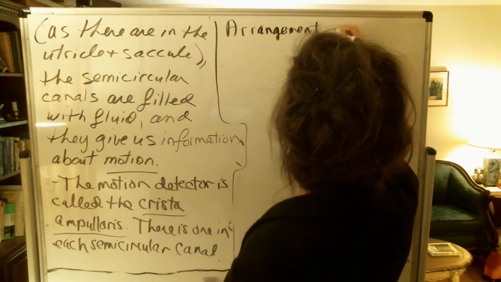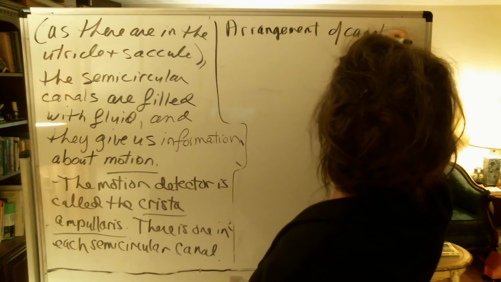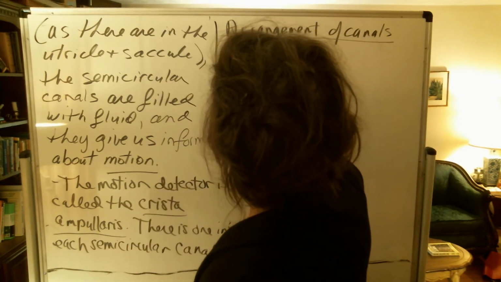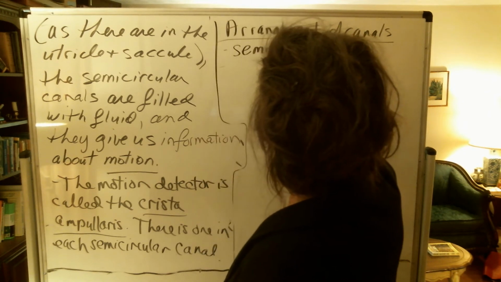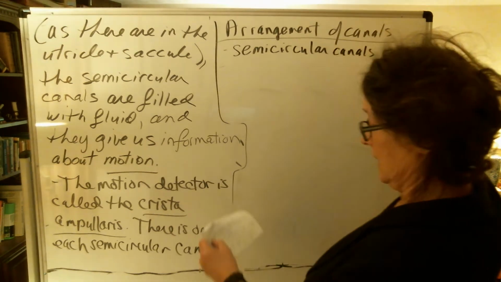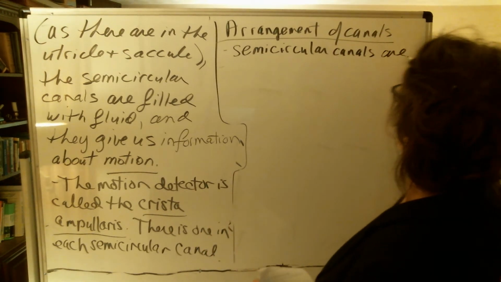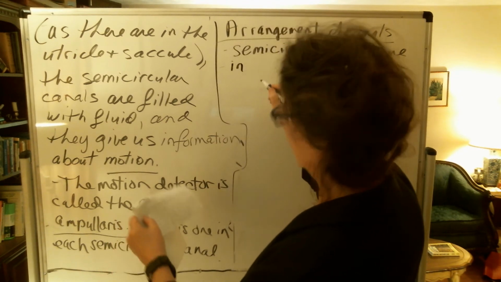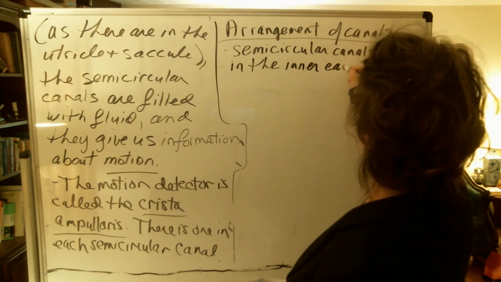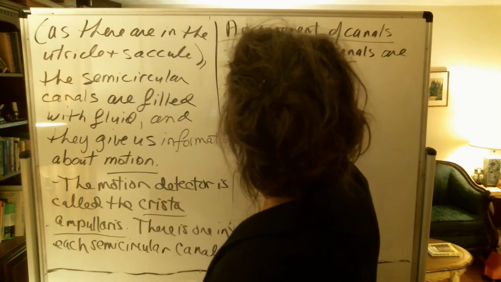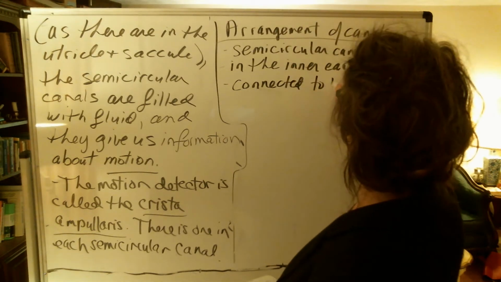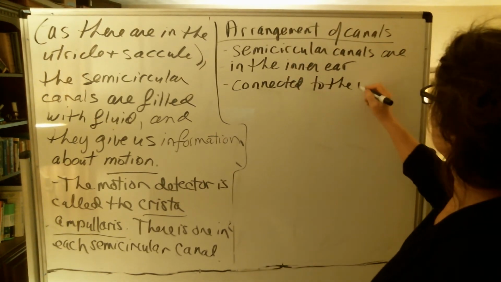So the arrangement then of the canals. The semicircular canals are in the inner ear. You know that. They are connected to the utricle.